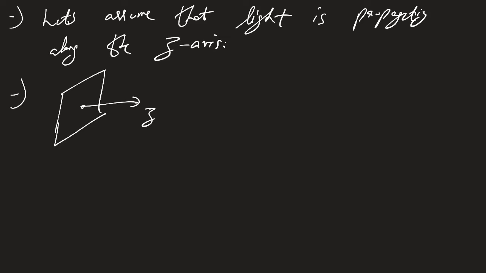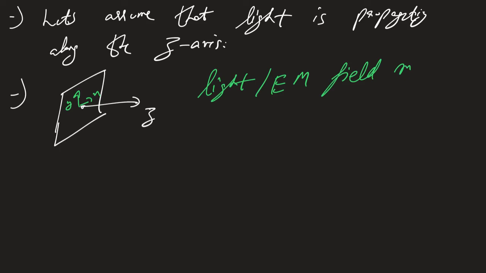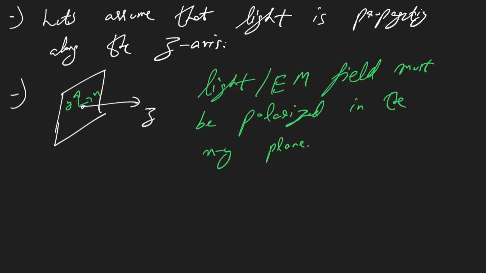Now, what this necessarily implies is that this, of course, is the xy plane, and so the light must be polarized. Sorry for the bad spellings there. This means that the EM field must be polarized in the xy plane, right?